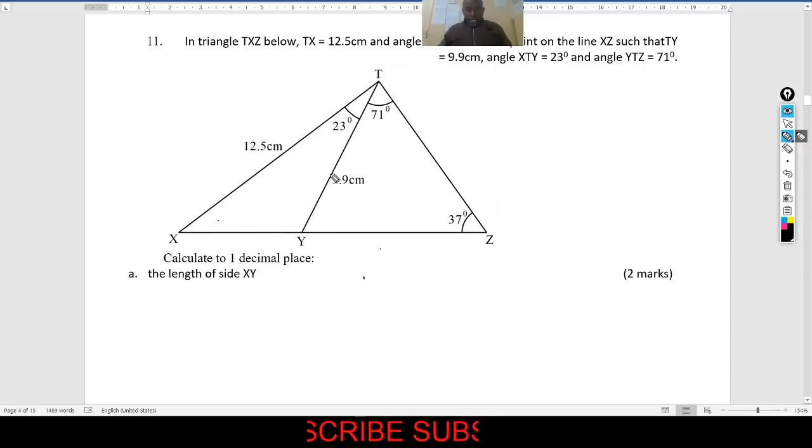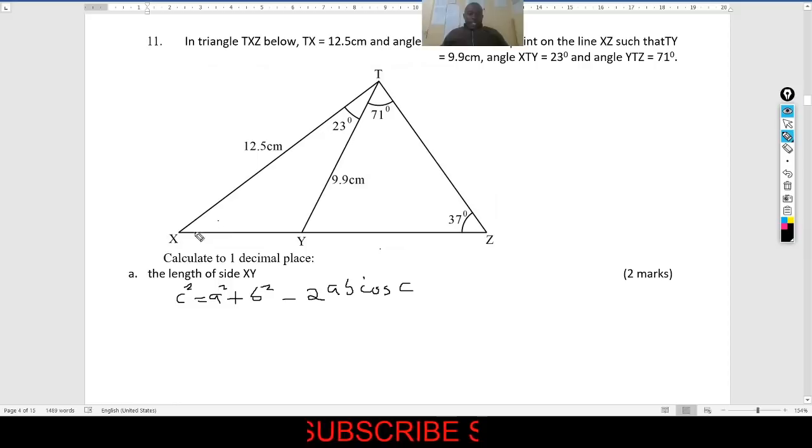If I have this side and this side, and an included angle, I can easily find this by using the cosine rule. The cosine rule states that c squared equals a squared plus b squared minus 2ab cos C.